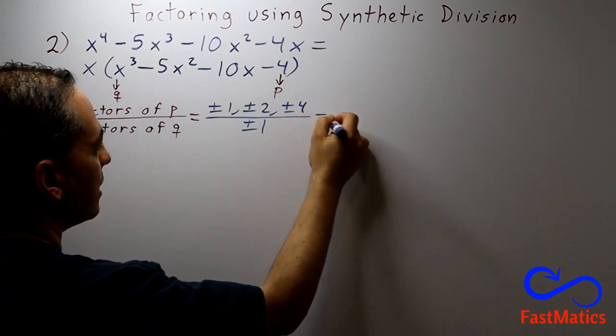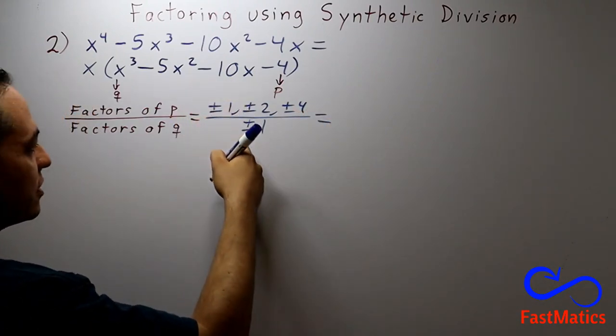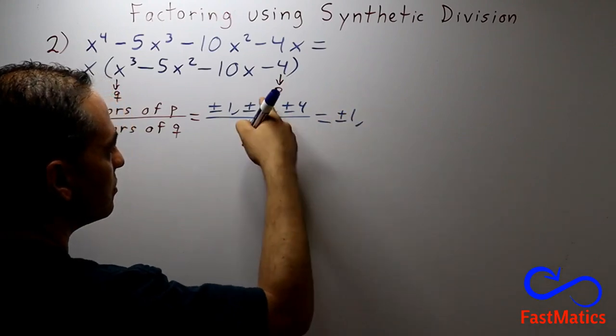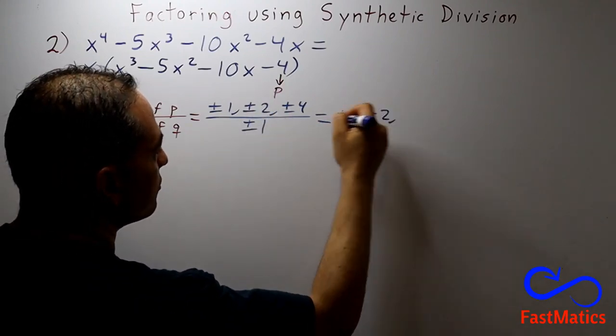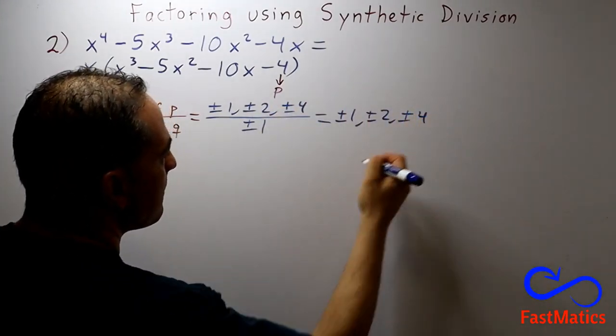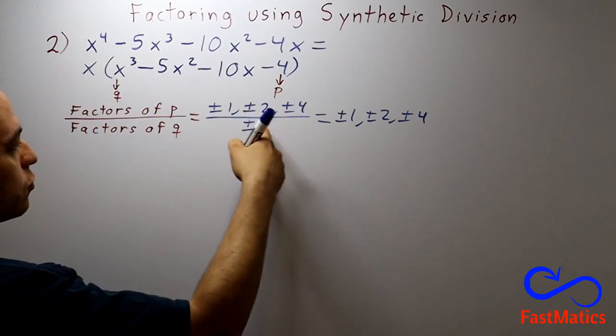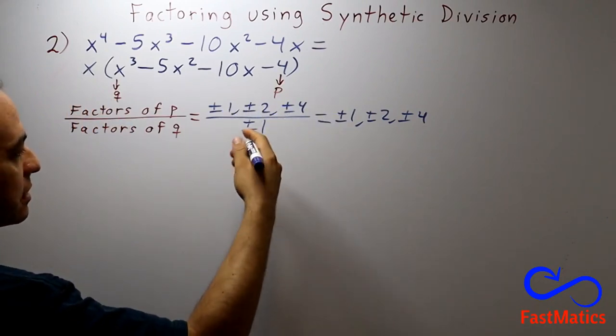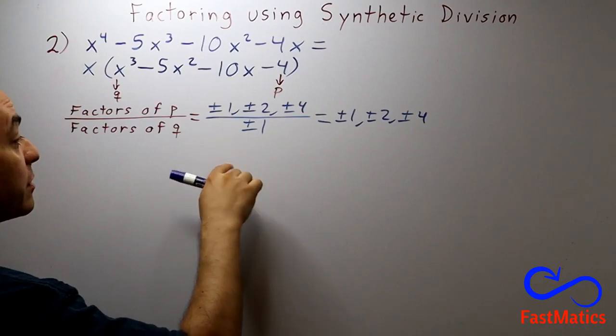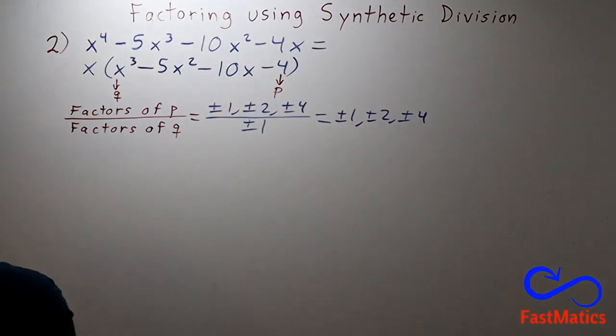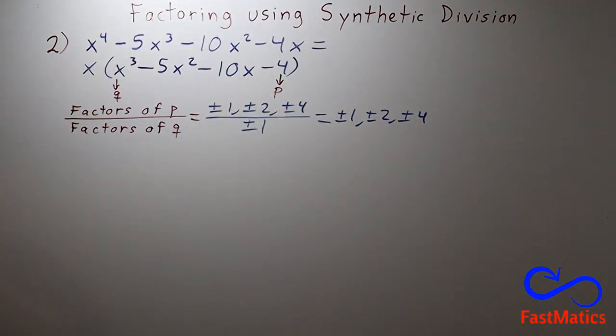And after that, I divide. 1 divided by 1, 1. 2 divided by 1, 2. 4 divided by 1, 4. If I had 2 or more terms in the denominator, I have to make all the combinations. For knowing that, please see our last video.